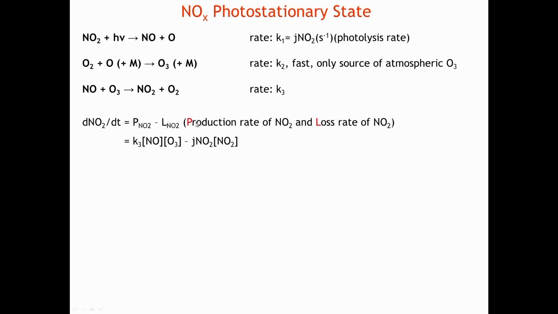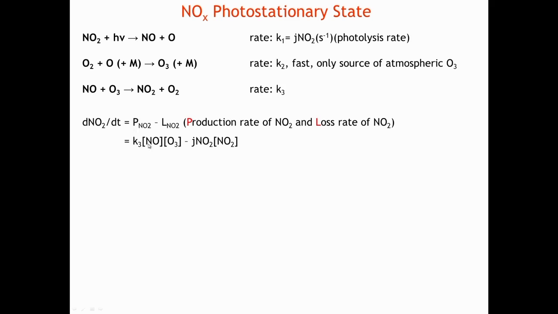So if we consider the production rate and loss rate of NO2, can you see NO2 on the left here means that the loss rate of NO2 is minus JNO2, that's the photolysis rate, times the NO2 concentration.